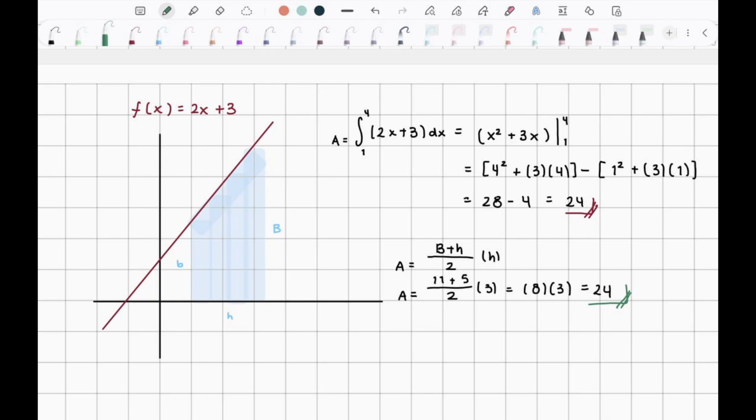So we are left with 1 squared plus 3 times 1, and here we have to do the operations. 4 squared is 16, plus 3 times 4 is 12. 16 plus 12 give us 28. And here 3 times 1 is 3, plus 1 give us 4, and 28 minus 4 give us 24. This is the area of this figure.